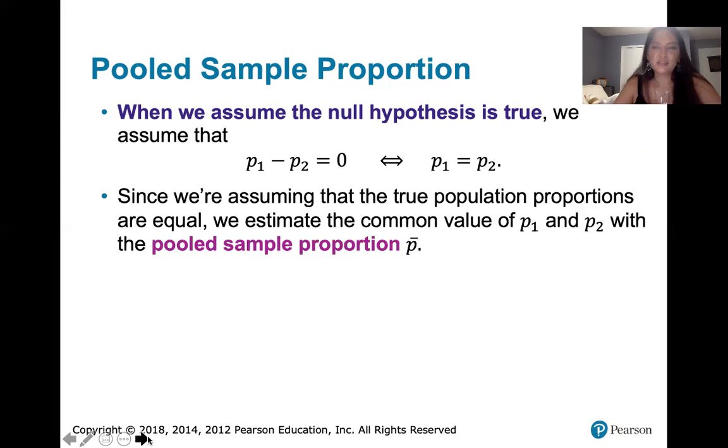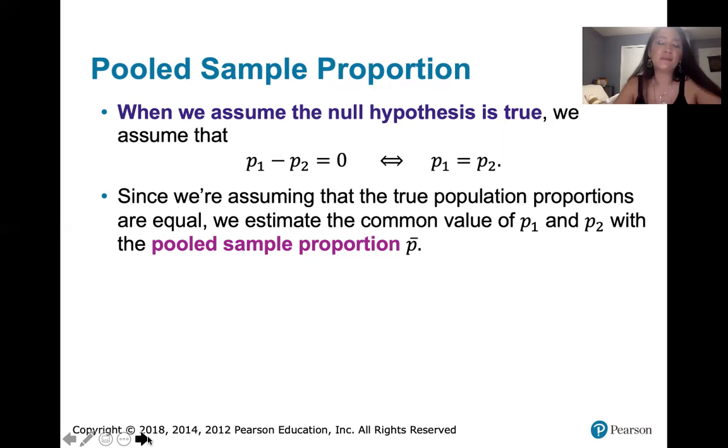Since we're assuming that those population proportions are equal to each other, and our standard deviation involves P1 and P2 and Q1 and Q2, we're going to want to estimate P1 and P2 with the same value.